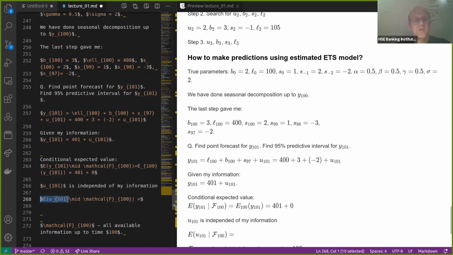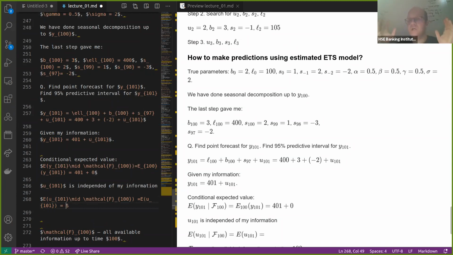So my information is not useful in predictions of future error. So I just don't use my information in prediction of U101. I calculate just the ordinary expected value, and the ordinary expected value of U101 is 0.